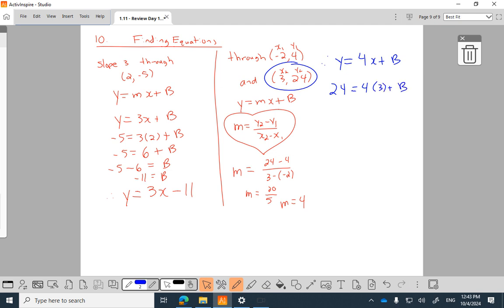What's 4 times 3? 12. And then when I move the 12 over, it becomes subtract, and I end up getting 12, weirdly. And then I can state the equation of the line.